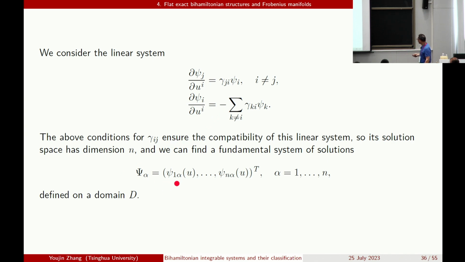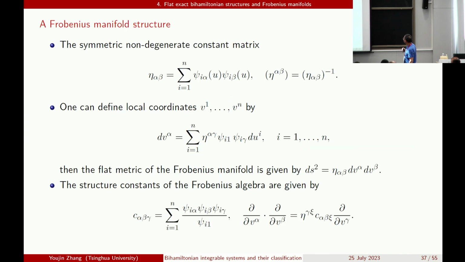We can find the fundamental system of solutions psi_1 to psi_n in a certain domain of the manifold M. Then we can define a symmetric non-degenerate matrix eta. This will serve as the flat metric of the Frobenius manifold structure.